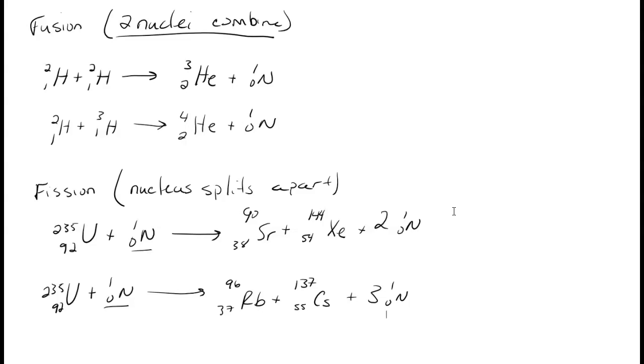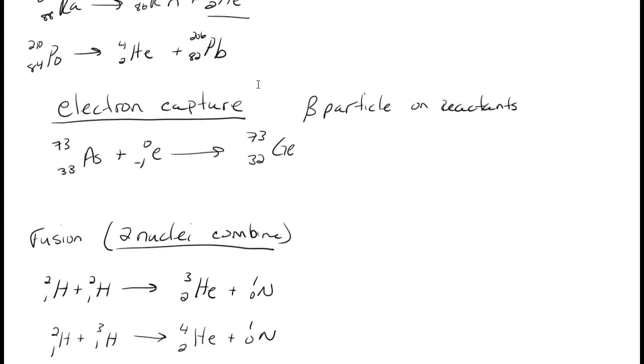And so just a quick comparison, we see that for fission, we have 1 isotope that splits into 2 stable atoms plus neutrons. And then for fusion, we have 2 isotopes that combine into 1 atom.